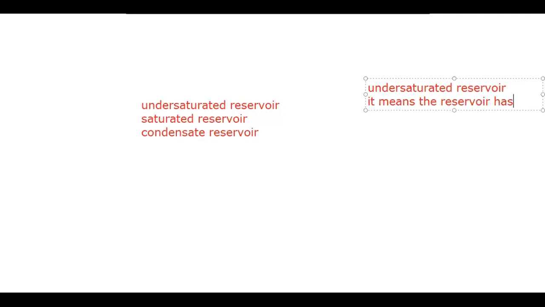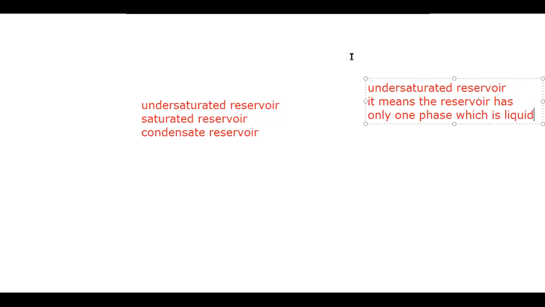Okay. Does anyone have an idea what an undersaturated and saturated reservoir is? Anyone can tell me? Anyone? Okay. The undersaturated reservoir, if I define it here, means that the reservoir has only one phase, which is liquid.